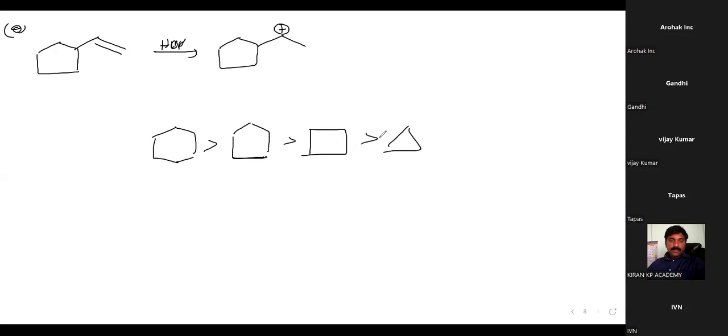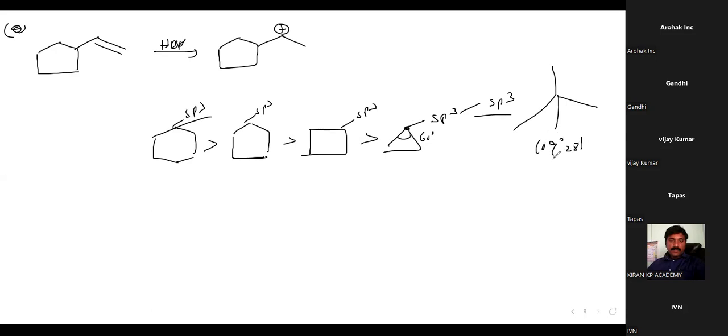Why is the stability of cyclohexane more than this one? Here, what is the hybridization of this carbon? sp3. Everywhere it is sp3 carbon only. But when you check in this case, the angle is 60 degrees. But actually, if it is sp3 carbon, what should the angle be? The angle has to be 109 degrees 28 minutes.